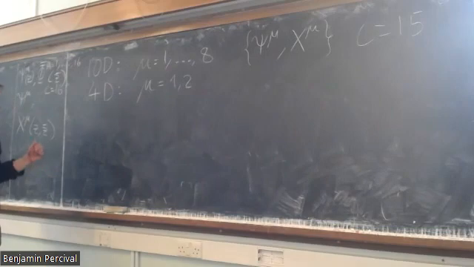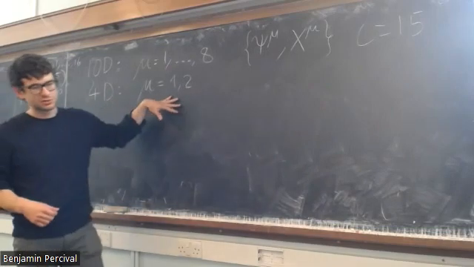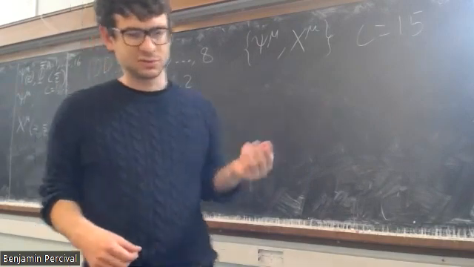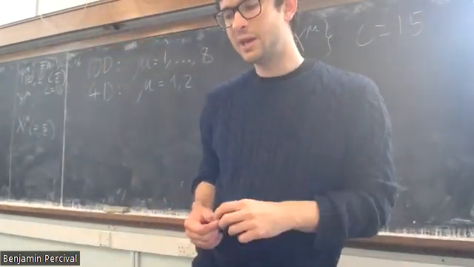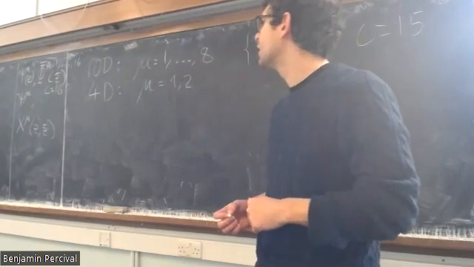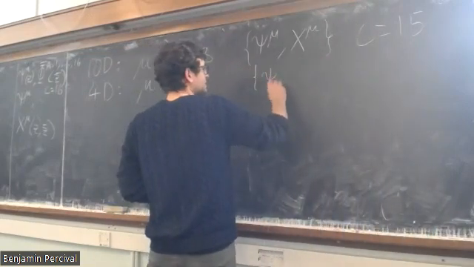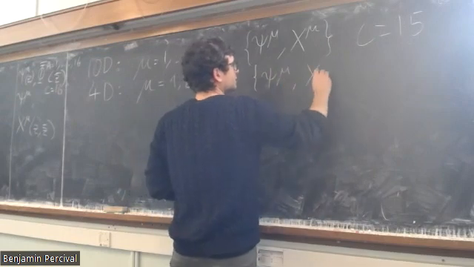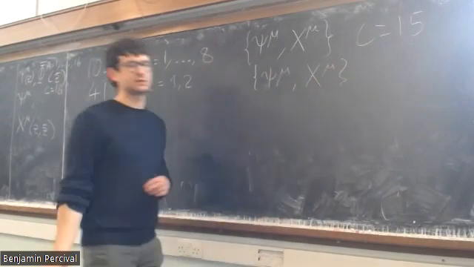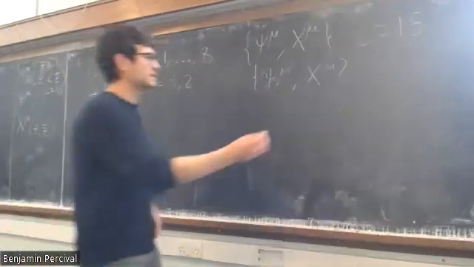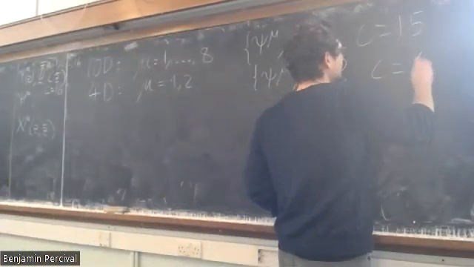But the point is that in 4 dimensions, you've only got 2 transverse directions, so these space-time fields only create a c equals 6.